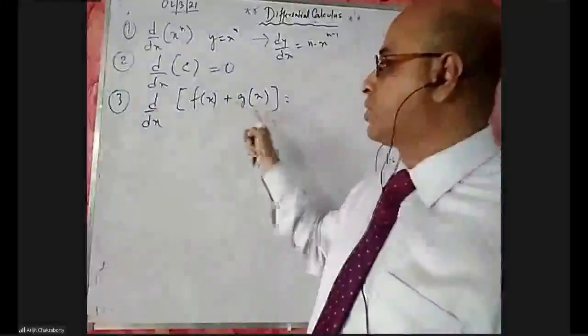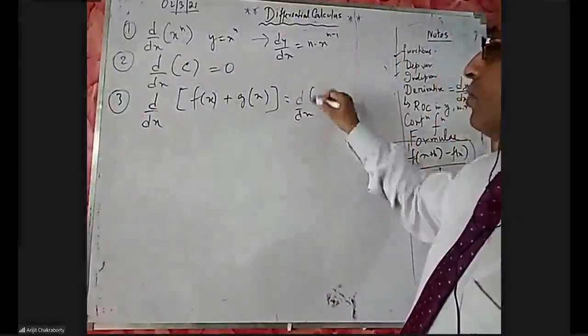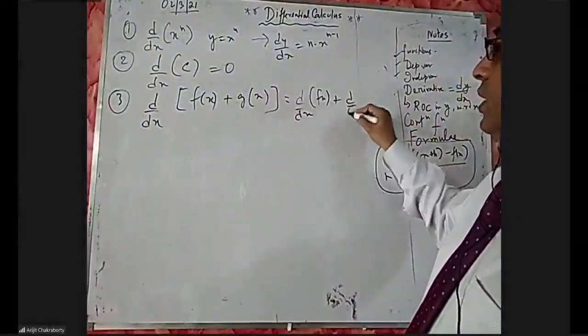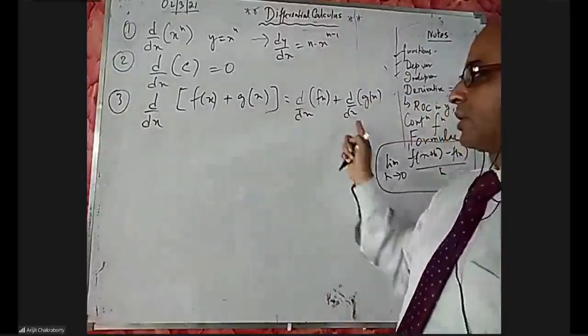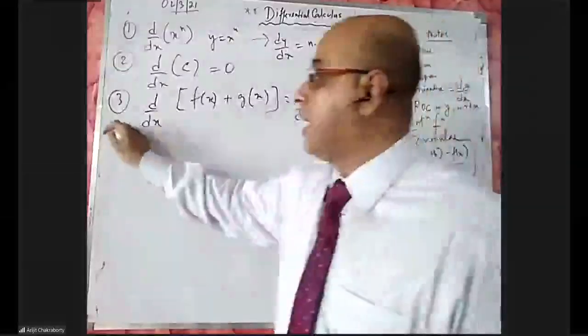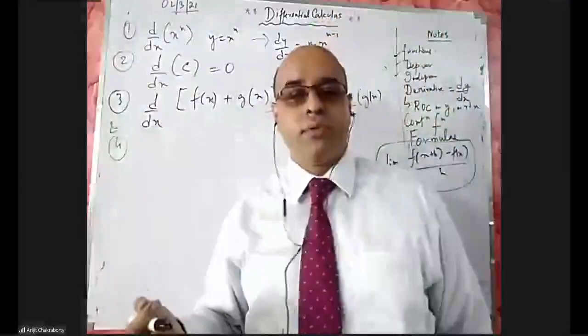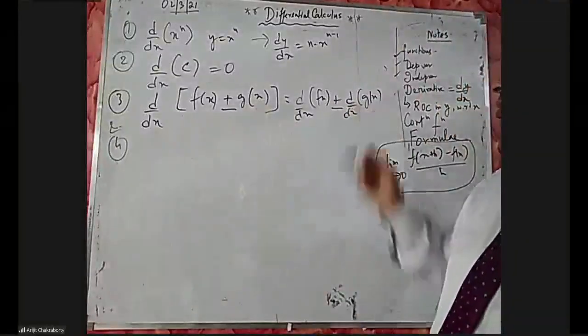We just differentiate the functions separately, so it will be d/dx of f(x) plus d/dx of g(x). Similarly, and I'm writing 3 and 4 because the same formula is applicable for subtraction, so here also it will be plus minus.